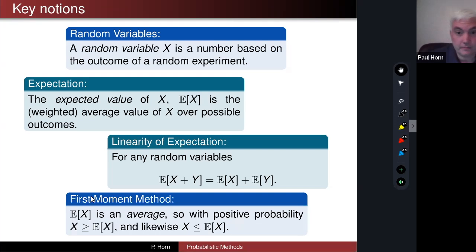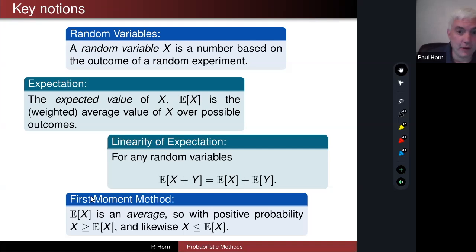And the first step towards understanding things probabilistically is just, okay, so I can compute an average value of this random variable. And that means that sometimes this random variable x is going to be bigger than average, or at least as big as the average. And sometimes I'm going to be at most as big as the average.